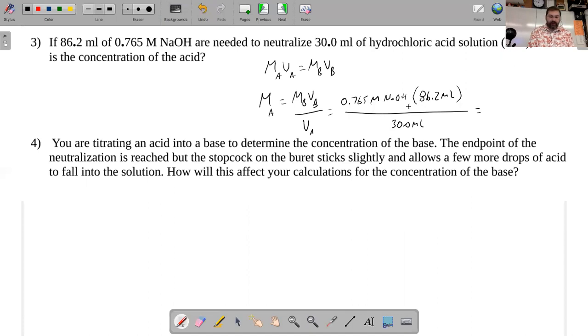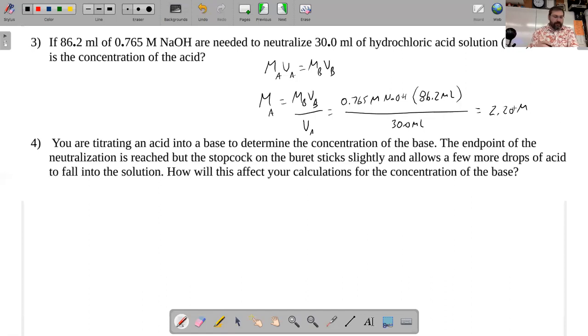So 0.765 times 86.2 divided by 30, it's 2.20 molar. I think that's right. Yeah, so it's 0.2198, but we have 3 significant figures, so 2.20 molar is the best.